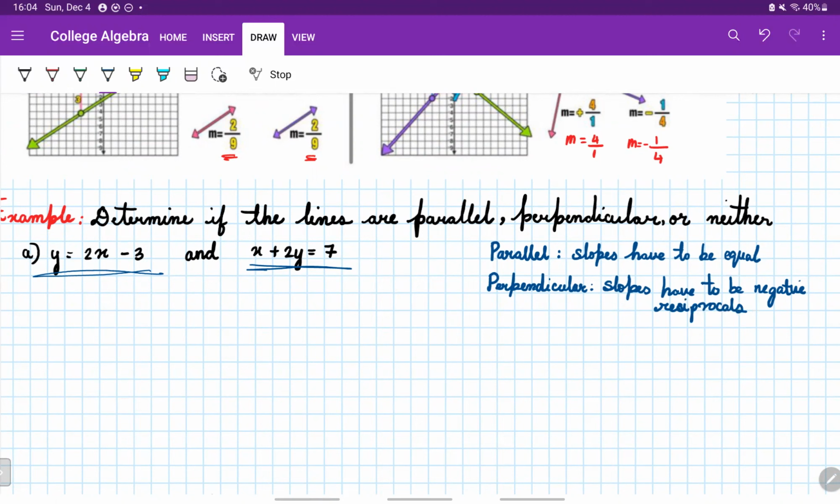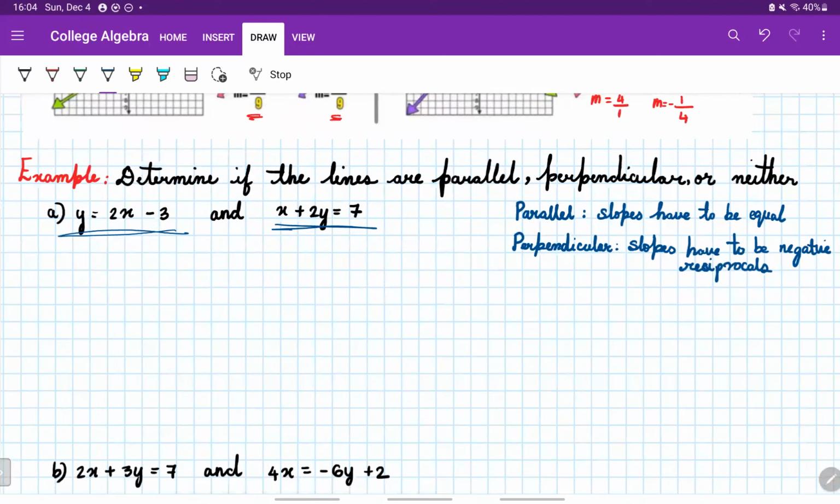Okay, so let us find the slope for both lines. As you know, y equals mx plus b is our line equation, which is in the slope-intercept form, and here m is our slope. So let us write both the equations in this format. That would make it easier for us to find out what m is.